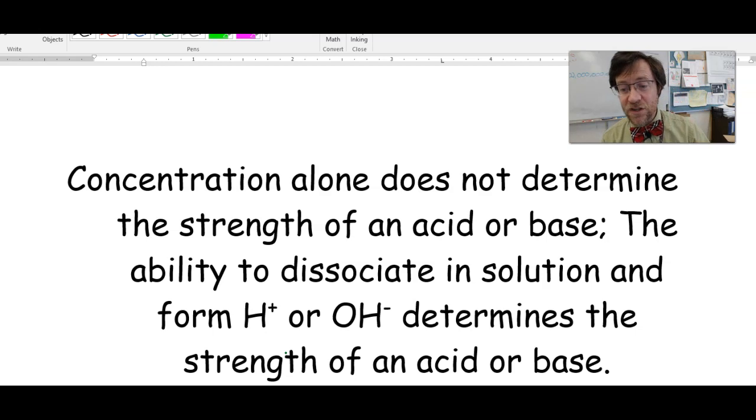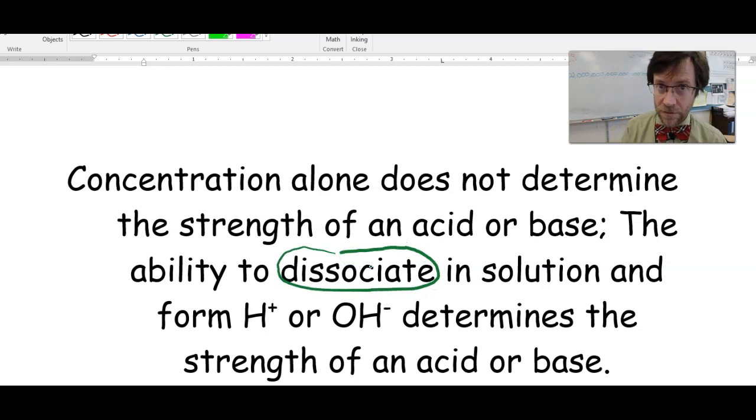It is the ability to dissociate in solution that really determines whether we call it a strong or a weak acid or base. Now, concentration is a whole different ball of wax. Vinegar is a very weak acid. It's only broken apart, I think, like 20 or 30% of the time.